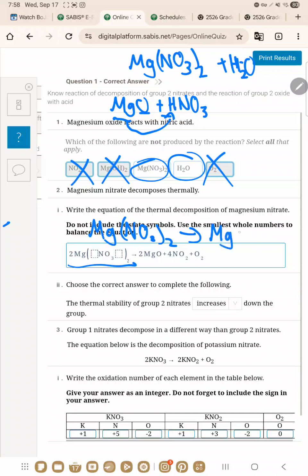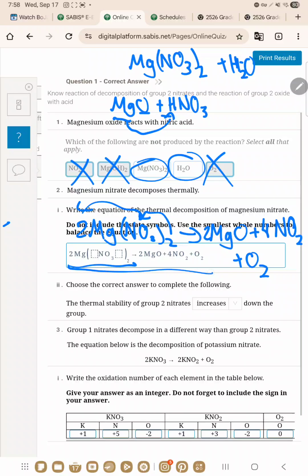So you're always gonna have MgO plus NO2 plus O2, and you definitely have to balance it out. Since we have 3 O's, we have 6 O here. We're gonna need 2 MgO, 2 of this. So 2 of this means 2 times N, which makes it 2, and times 2 makes it 4. So 4 NO2.